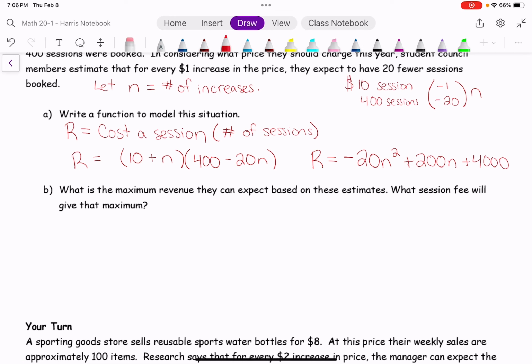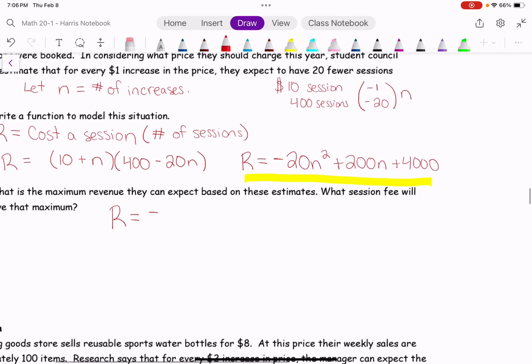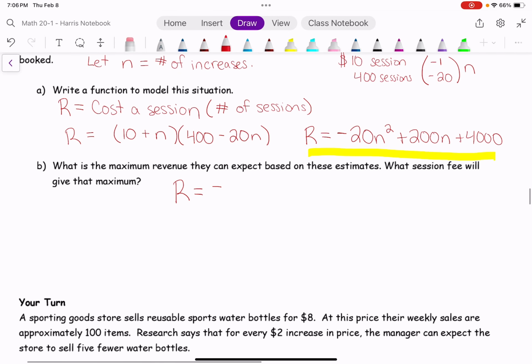So R is equal to my leading coefficient, which is negative 20. I'm going to pull that out here. I get n squared minus 10n. I'm going to leave a space and then plus 4,000.